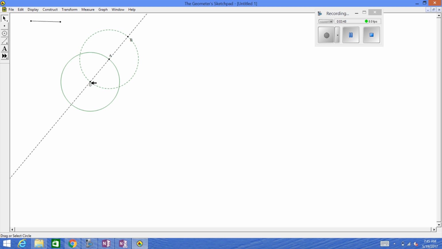Now we'll construct the perpendicular bisector of those. It's going to get pretty messy, but I'm going to pick a random point out here. This is going to be my radius.